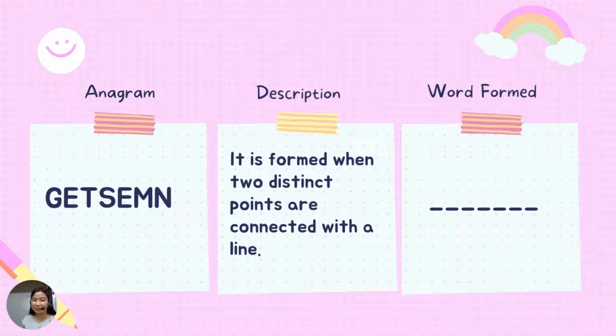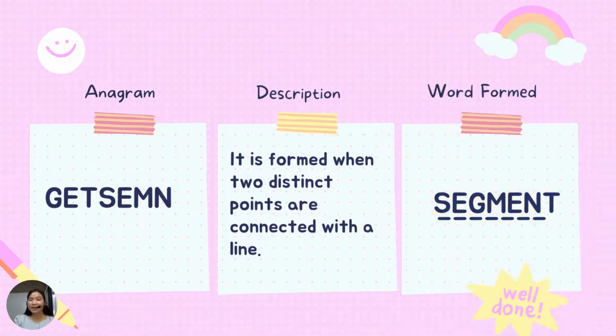Next is G, E, T, S, E, M, N, and the description is: it is formed when two distinct points are connected with a line. What word can be formed? It is a segment. Well done, students.